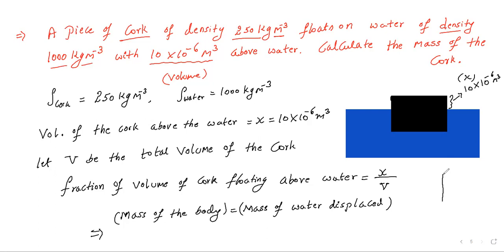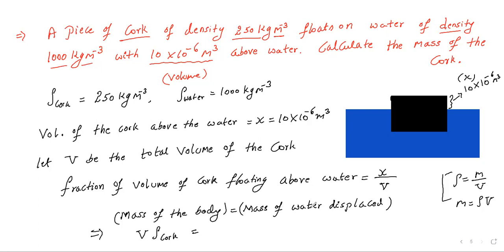First I'm writing the mass of the body. From the volume concept, density is nothing but mass by volume. So mass, I can write as density into volume. So I'm expressing mass in terms of volume into density, the density of the cork.